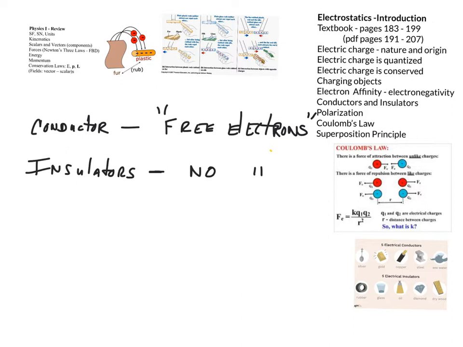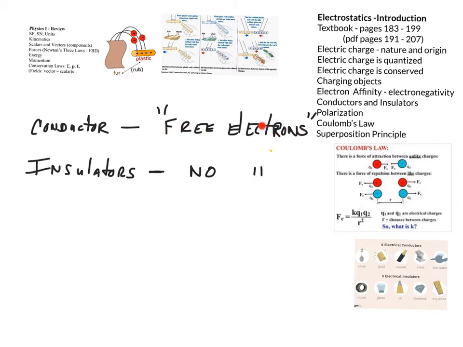So this part is pretty straightforward. Conductors are materials that conduct electricity, allow electrons, those are the charges that move, to move through them, and insulators are materials that prevent the flow of electrons, which later we'll call current. So the key phrase, you want to remember this phrase, is free electrons.